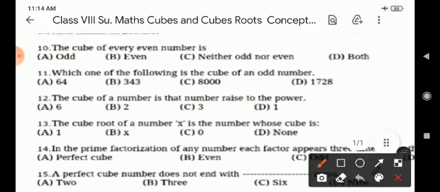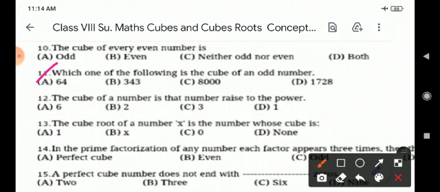Question number 11. Which one of the following is the cube of an odd number? The answer will be odd number, that is 343.